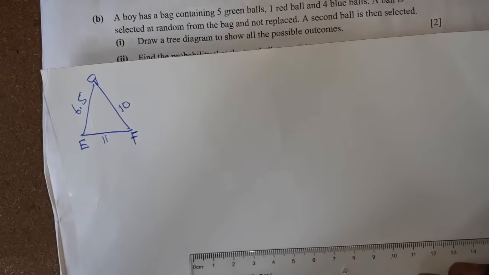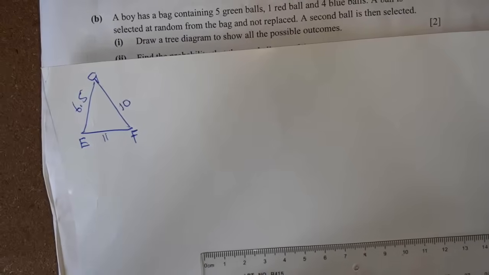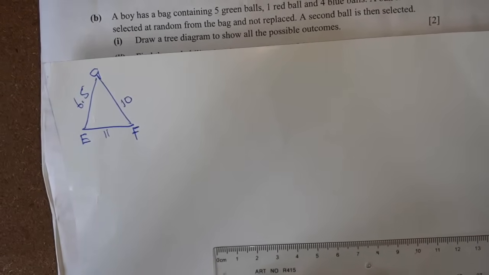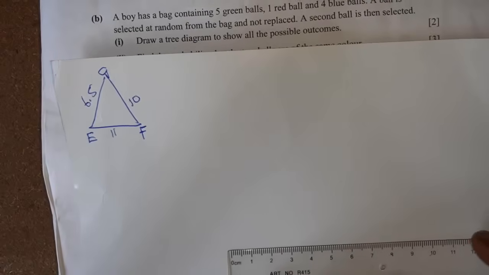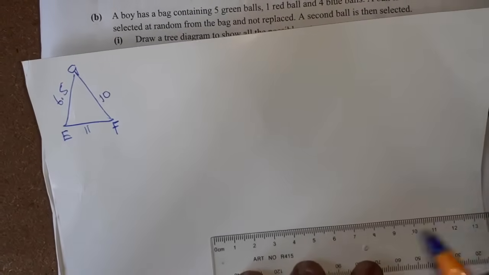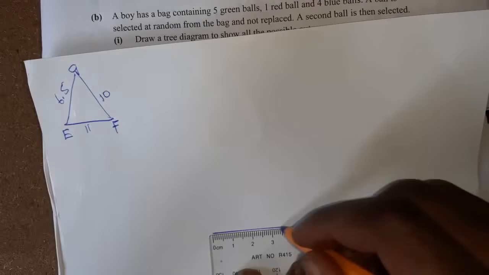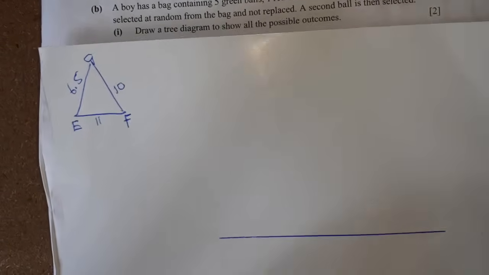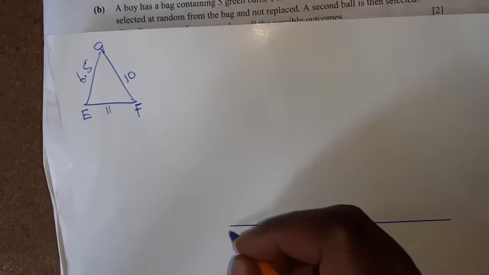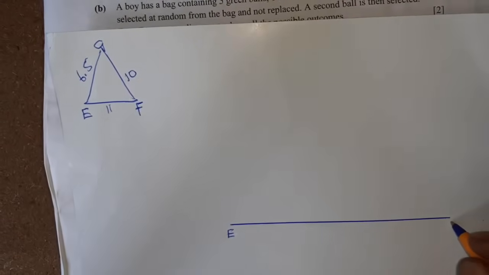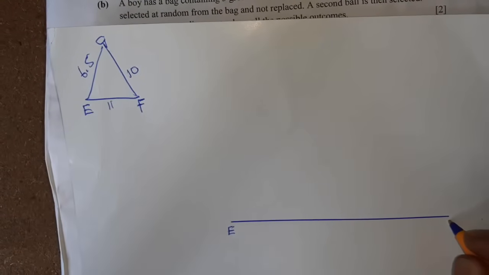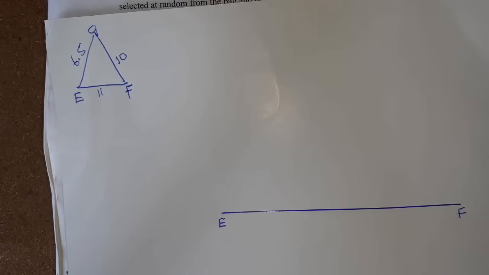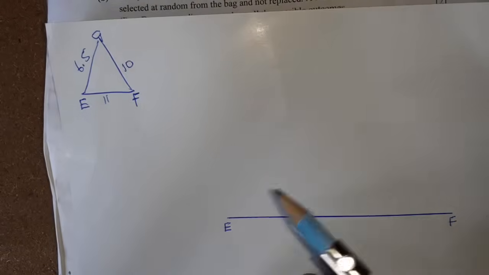Okay, are you able to see where 11 centimeters is? So it's from this point up to here. Okay, this is 11 centimeters. So we have our E here, and then we have our F at this point.